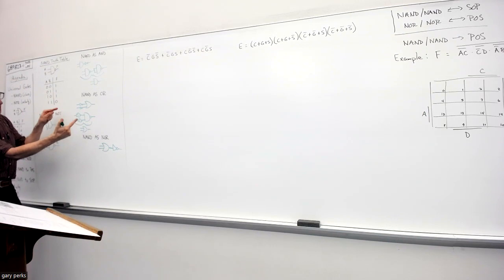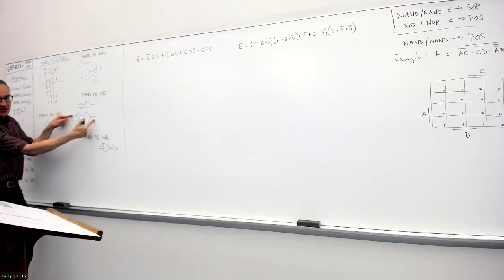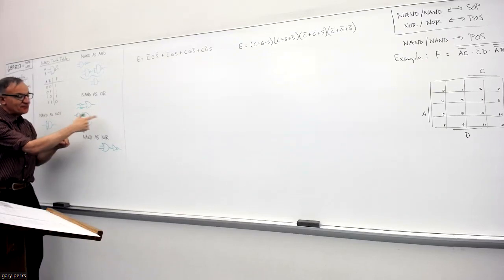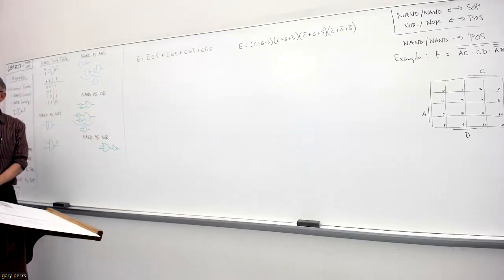So if I just take this circuit, which is using NANDs as an OR, and then connect this NAND as an inverter to the output of this, so I have 4 NAND gates, that would be a NOR.